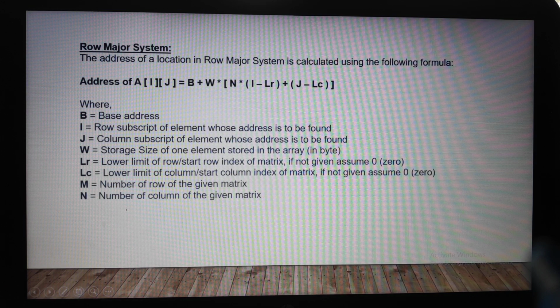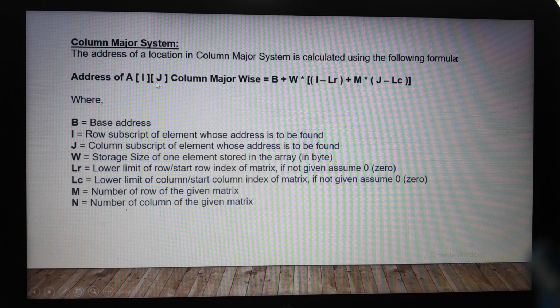In column major, if we want to calculate the address of element aij, the formula is b plus w into ((i minus lr) plus m into (j minus lc)), where b is the base, w is the byte size, i is the row subscript, lr is the lower bound of row, m is the number of rows of the given matrix, j is the column subscript, and lc is the lower limit of column.